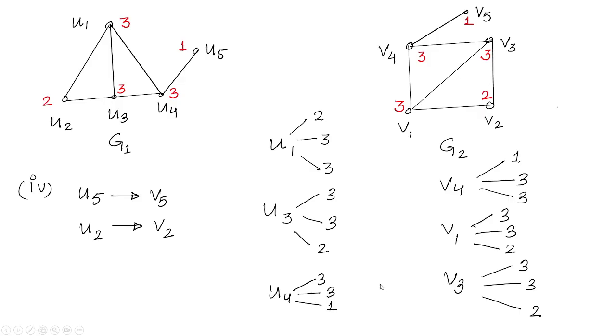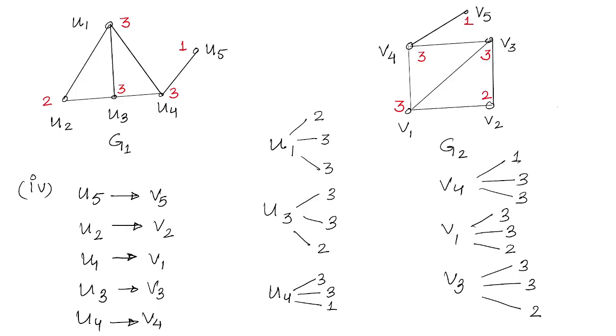So let us map this to V1. Now what is left? U3. U3 is 3 3 2. So this U3 can be mapped to V3 only. Now U4. This is 3 3 1 and V4 is also 3 3 1. So they can only be mapped. So we have mapped them. So the vertex mapping we have done.